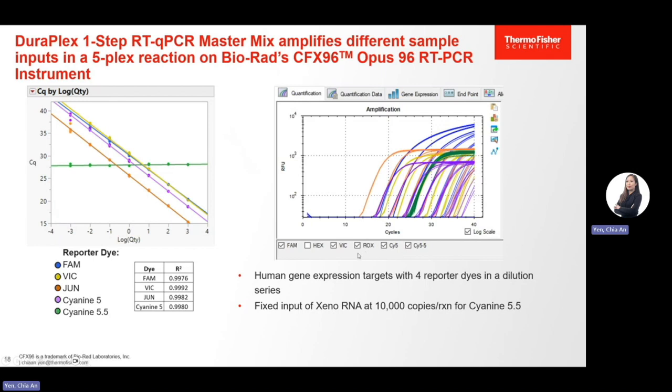We do know that the JUN is detected with the ROX channel here, so we can tick that when we use the supplier instrument. This way we ensure that all the dyes we use in the multiplex reaction are compatible with the real-time PCR instrument here.